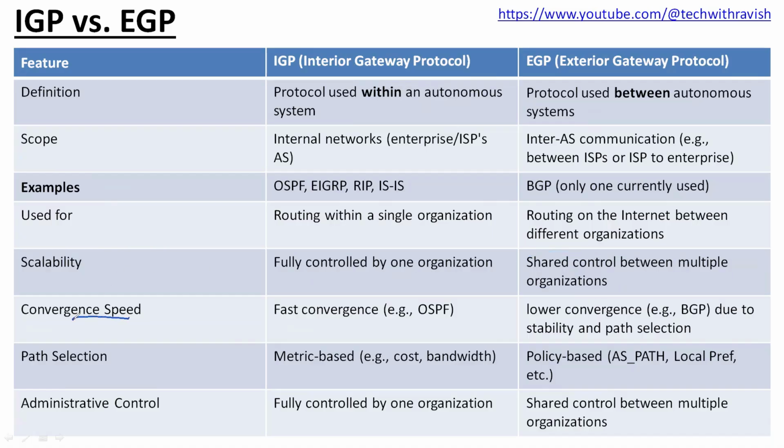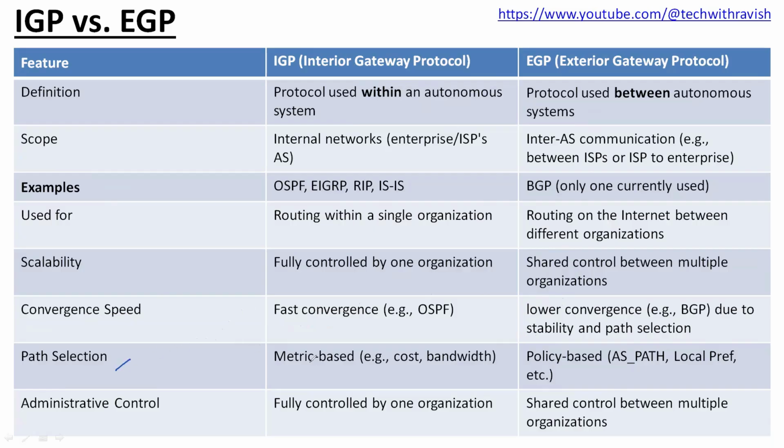If I talk about speed, interior gateway protocols have faster convergence; they are faster protocols. The EGP protocol can be slower due to its stability as well as its path selection procedure. It is somewhat slower.